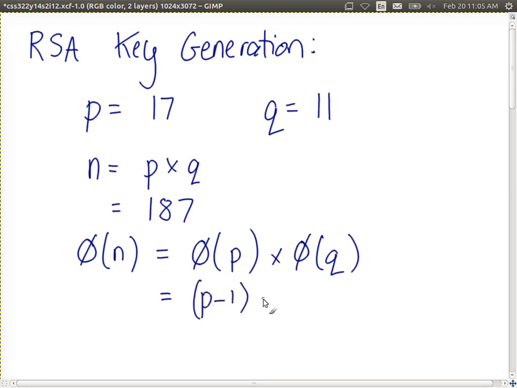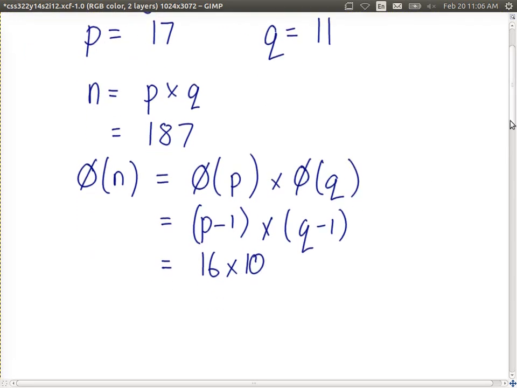That is the number of numbers relatively prime with a prime number is all of those numbers up until and less than that prime. So this is something we saw in the number theory examples, which is what? 16 times 10. So that's easy to calculate.